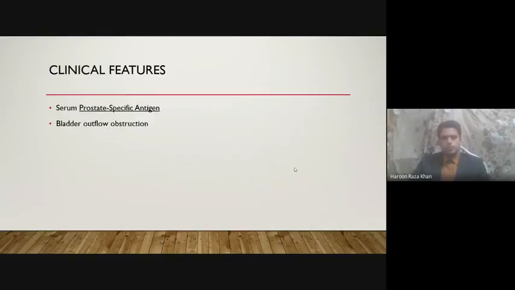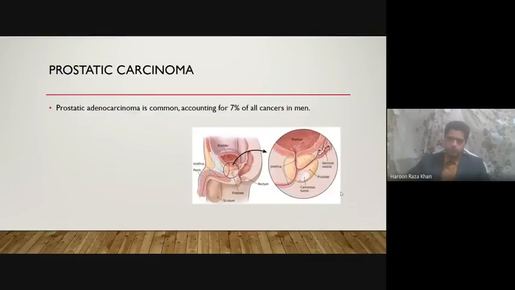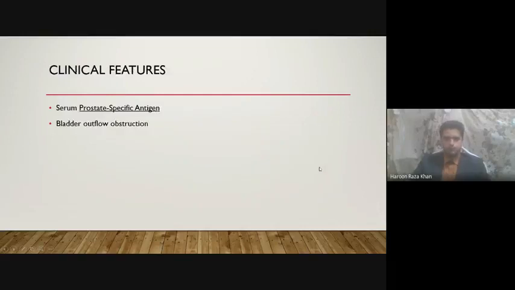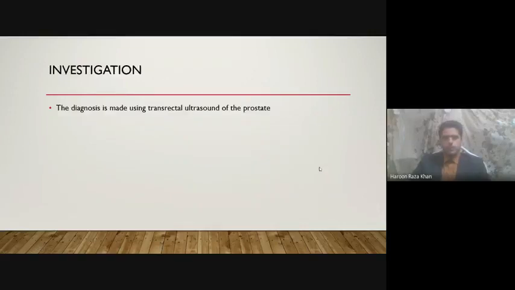Features include raised serum prostate specific antigen, or ultrasonography can be done to see any bladder outflow obstruction, which may help us define the tumorous area. Diagnosis is usually made using a transrectal ultrasound of the prostate gland.